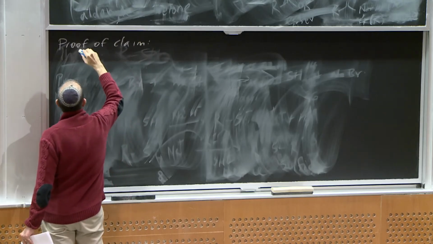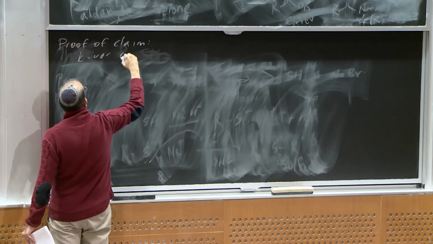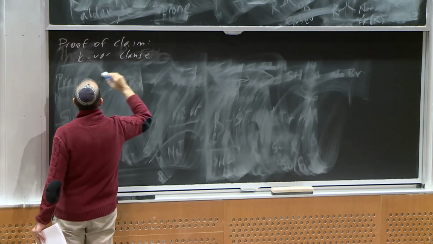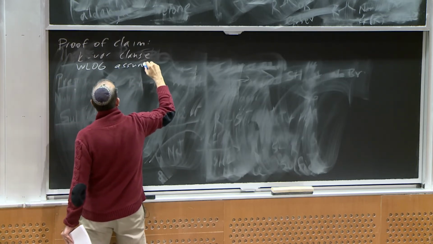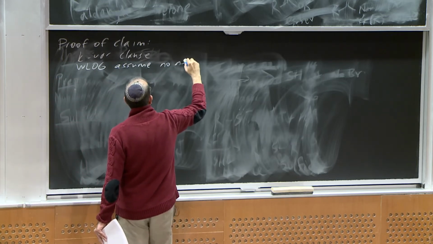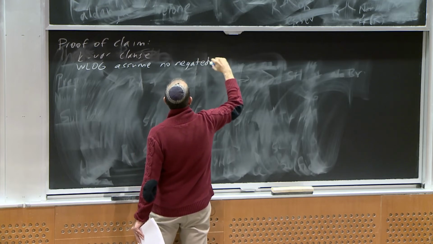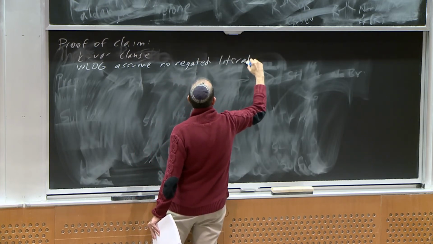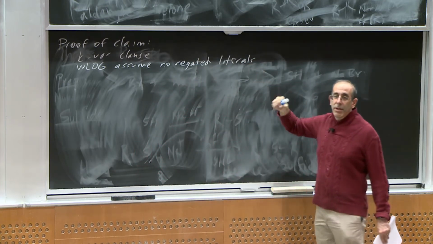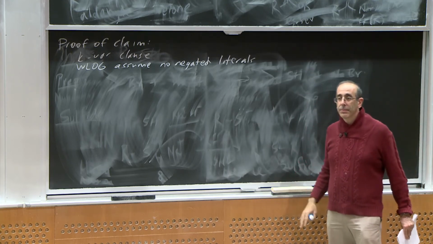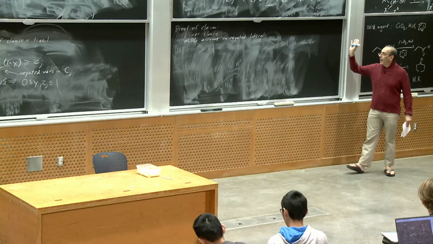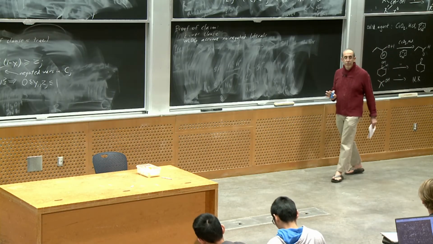All right, so we need to prove the claim. Okay. So let's look at some k-variable clause. And I claim that without loss of generality, we can assume that there are no negated literals. I use literals to refer to the variables in the clauses because we also have variables in the linear program. Okay. Why is it okay to assume no negated literals?